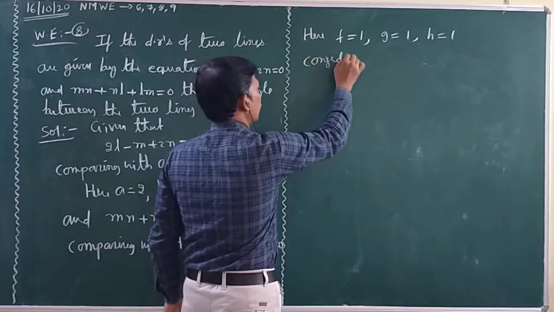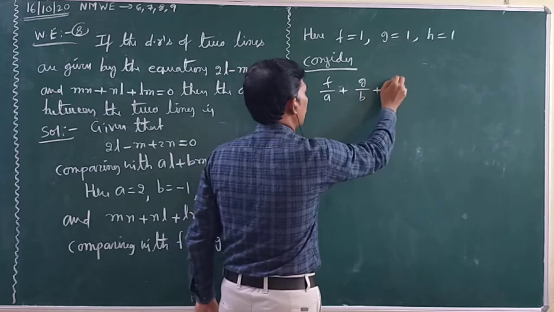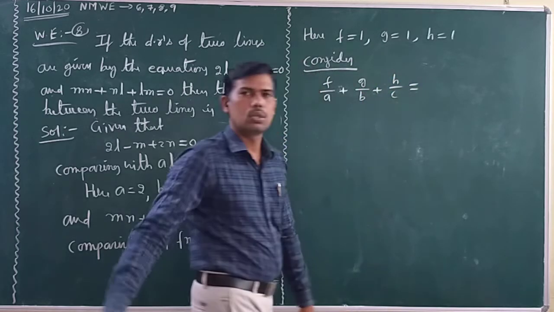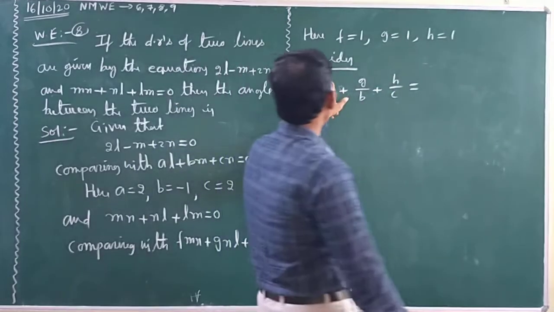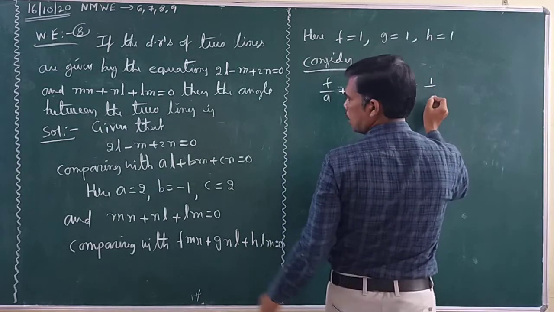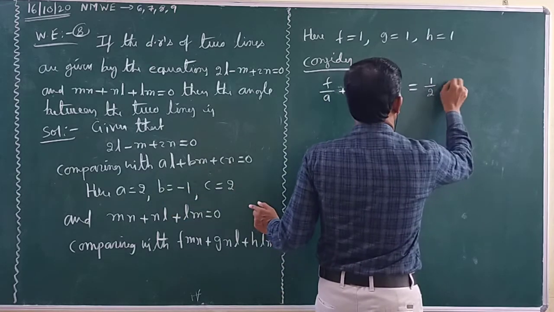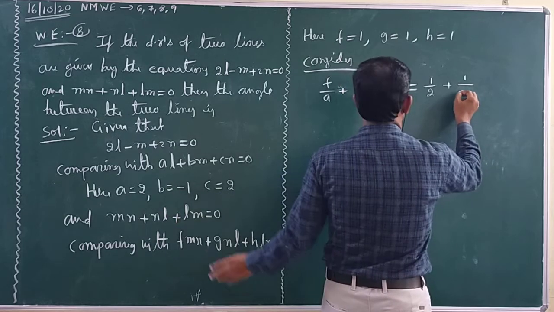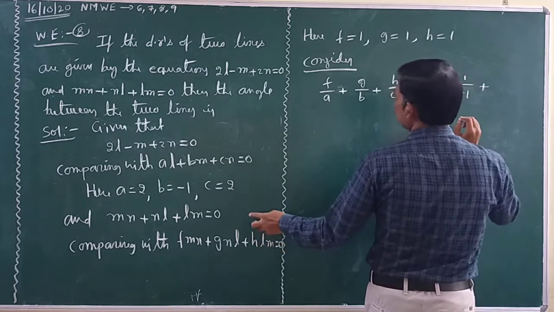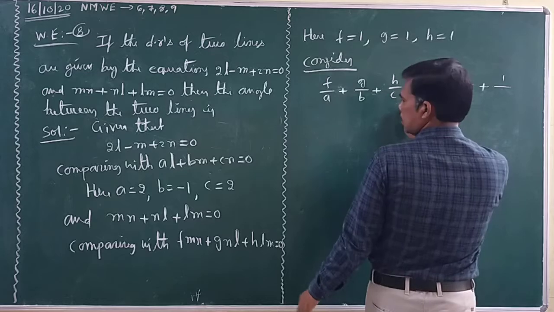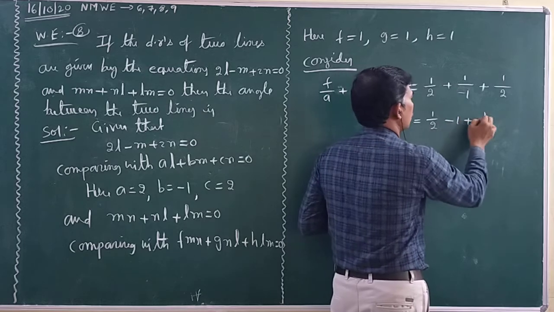Consider the condition F by A plus G by B plus H by C. So F is 1 by A value 2, 1 by 2, plus G value 1 by B value -1, plus H value 1 by C value 2. That is equal to 1 by 2 minus 1 plus 1 by 2.